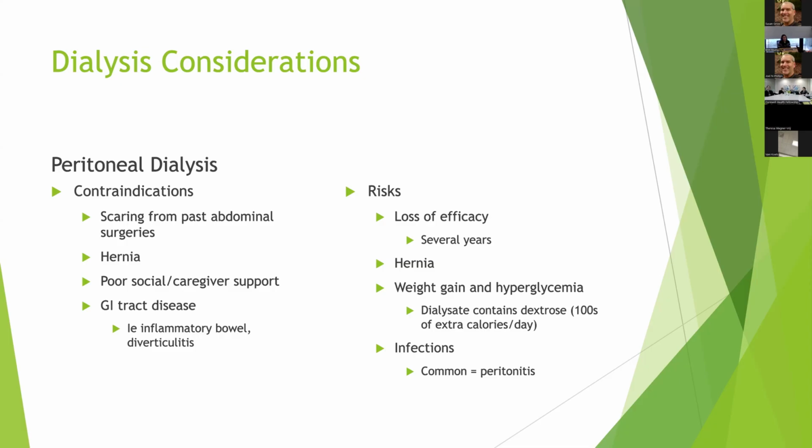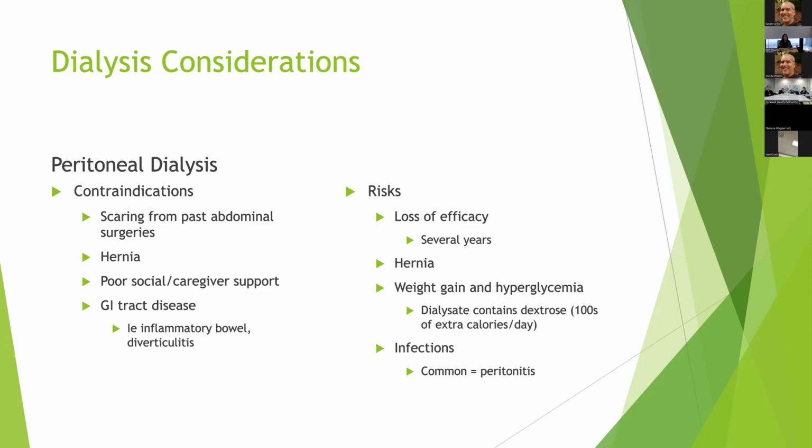Contraindications: if they've had a number of abdominal surgeries, they've got a significant hernia present, they really need a lot of caregiver support in this. It would be challenging for someone to manage this entirely on their own at home, or if they have a GI tract burden, like inflammatory bowel or an active diverticulitis infection, inflammation.